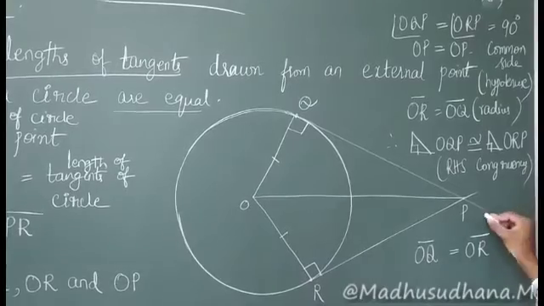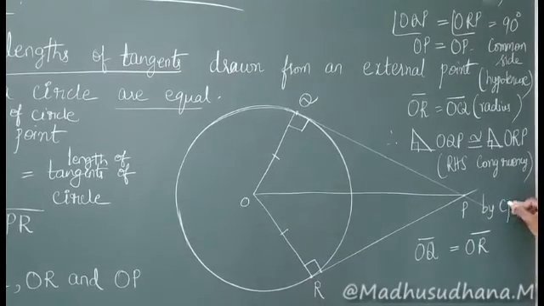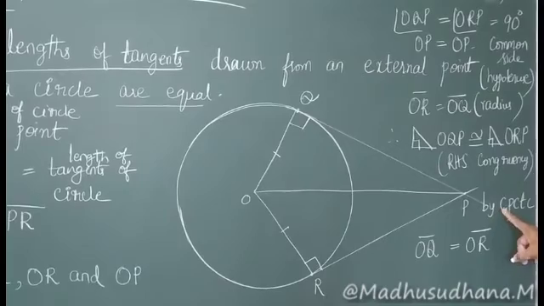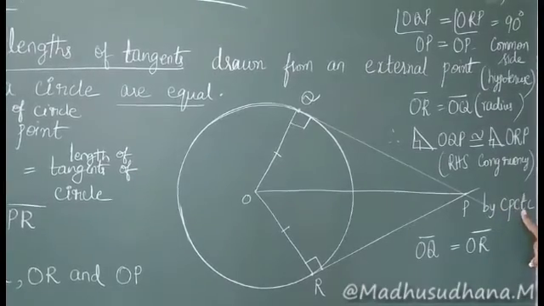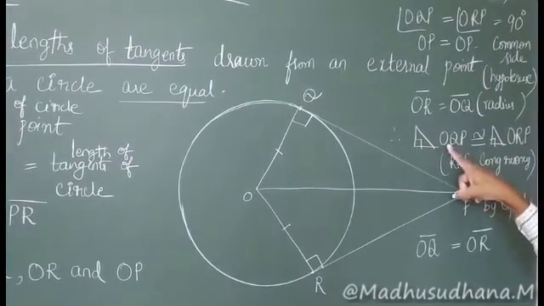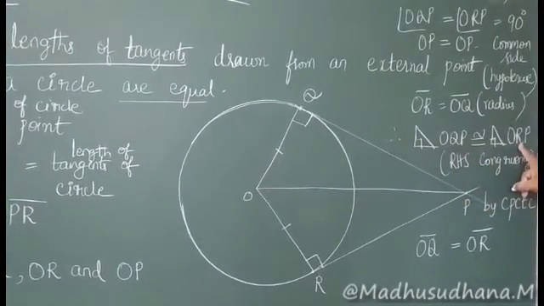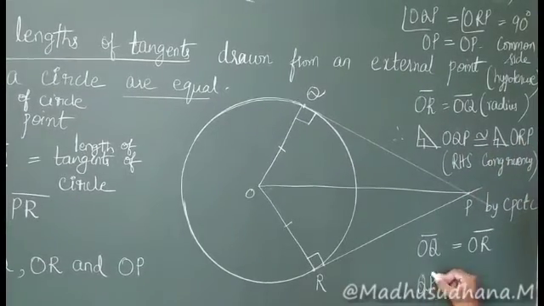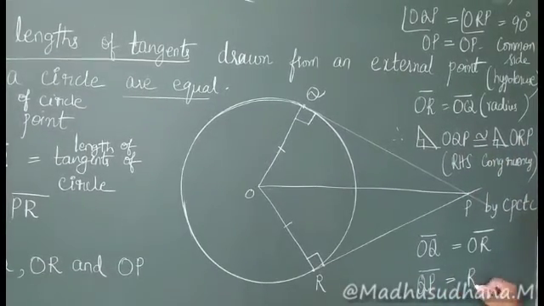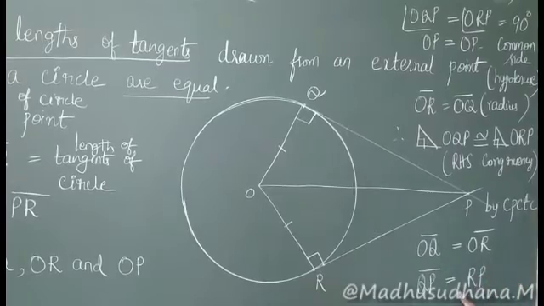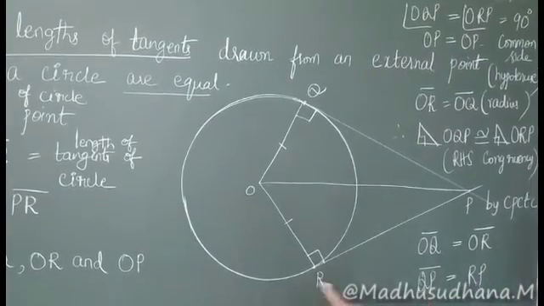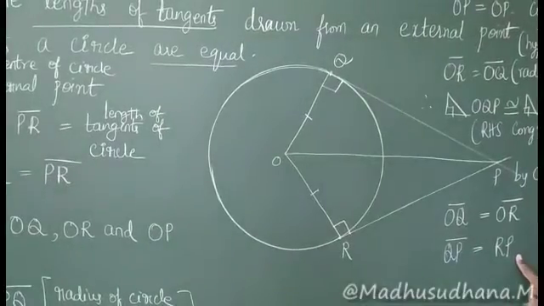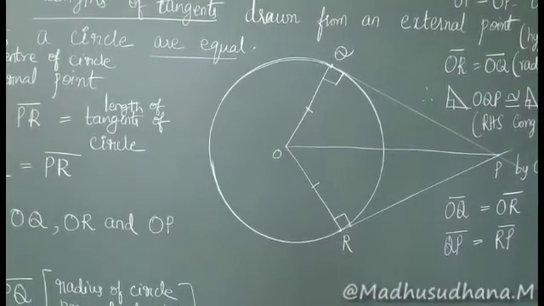Now if I write the corresponding sides equal, OQ is equal to OR, by CPCTC. We already know that the corresponding parts of congruent triangles are congruent. So the corresponding sides OQ and OR, QP and RP, QP is equal to RP.